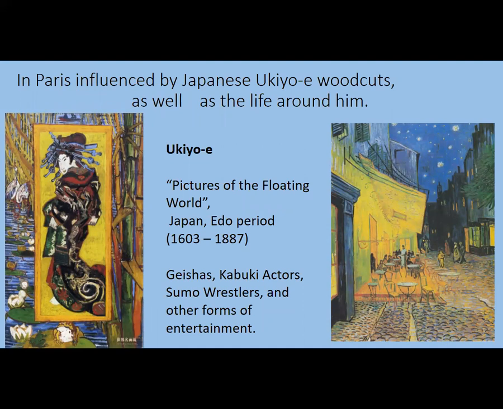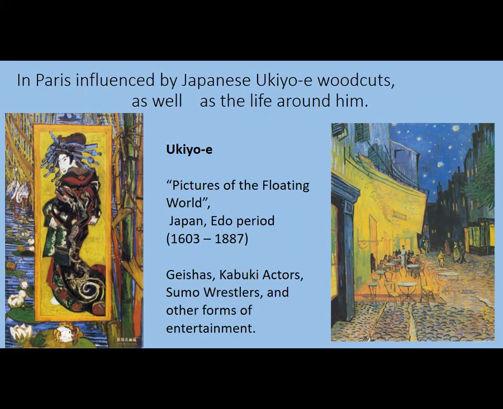While all this is going on, after he leaves the coal mine, he goes to Paris to study art, and he gets really influenced by Japanese ukiyo-e prints. Japan, up until right before this time, was really isolated, and they only did trade with people in Asia, Korea, China, and also the Dutch.